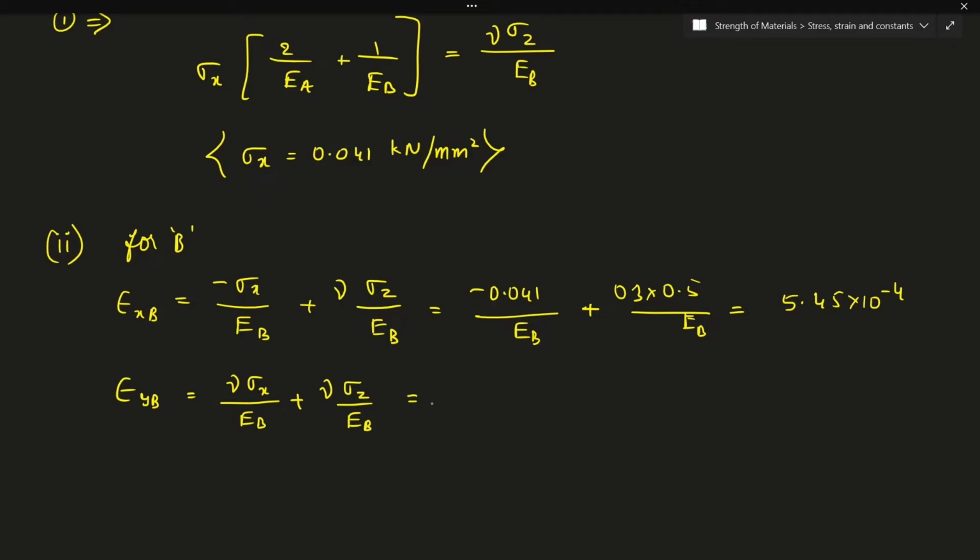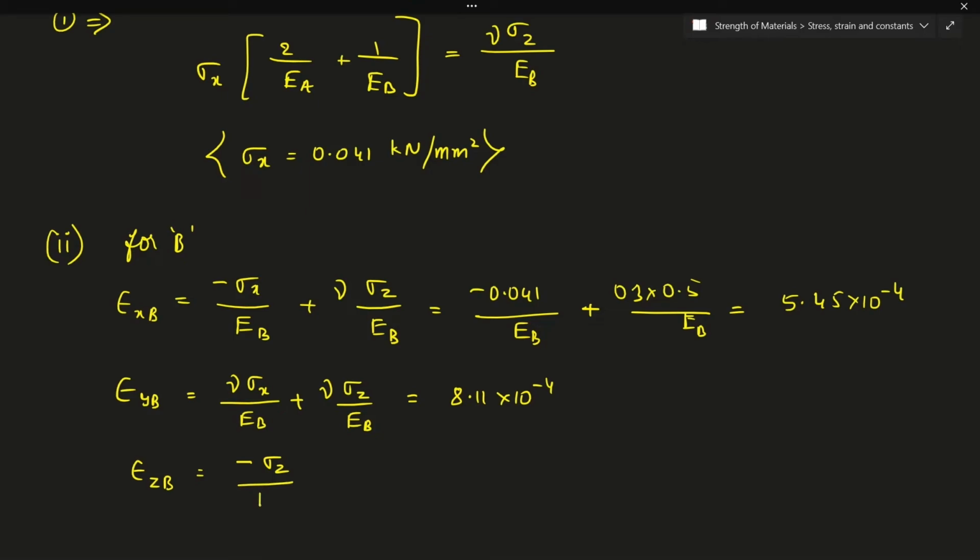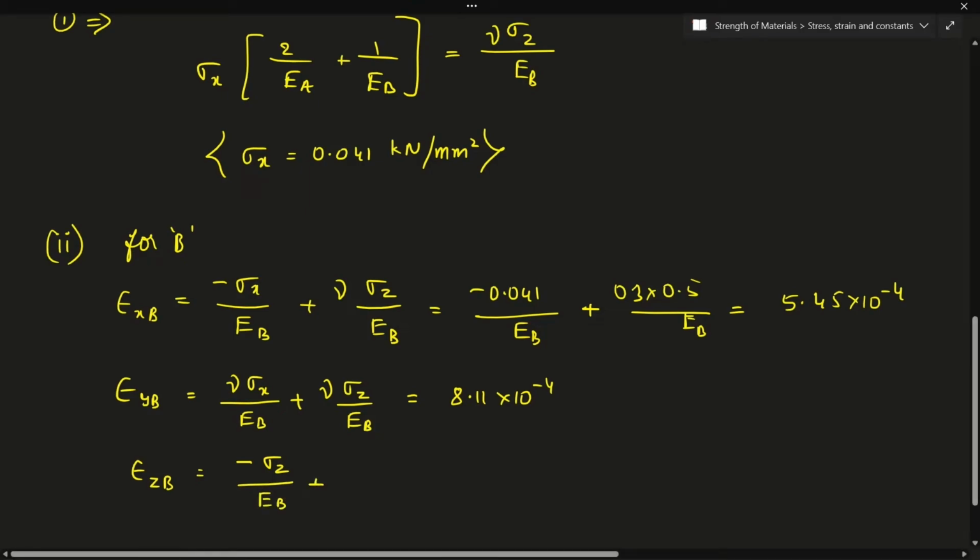So if I substitute all the values now, I'm going to have 8.11 into 10 to the power of minus 4. I'm simply skipping all the substitutions here. Now epsilon zb is given by minus sigma z, because this is compressive load, divided by EB plus nu into sigma x divided by EB, which will give me the value of minus 2.44 into 10 to the power of minus 4.